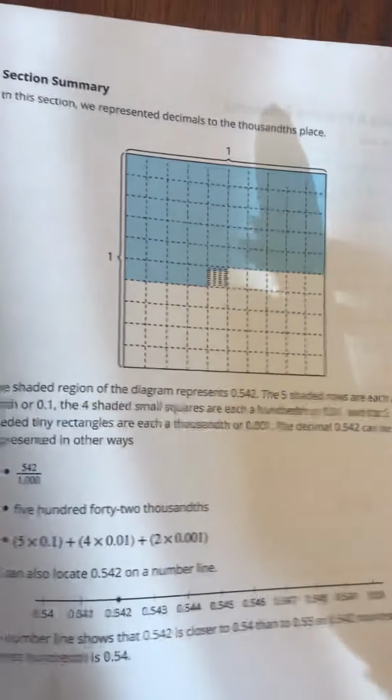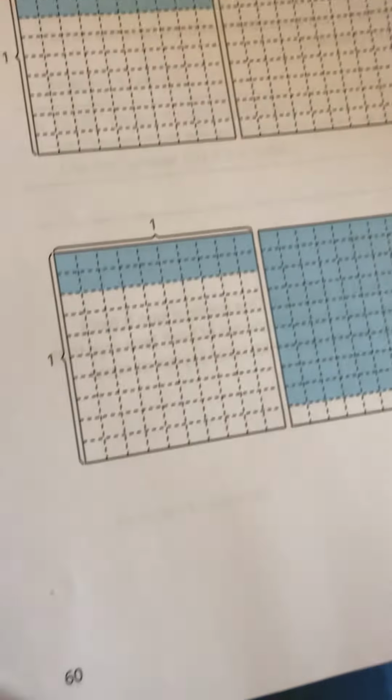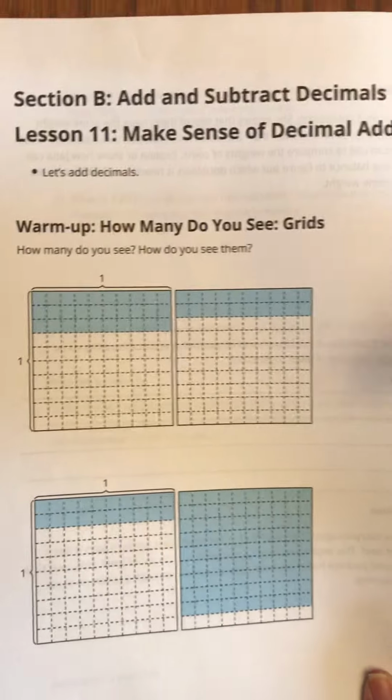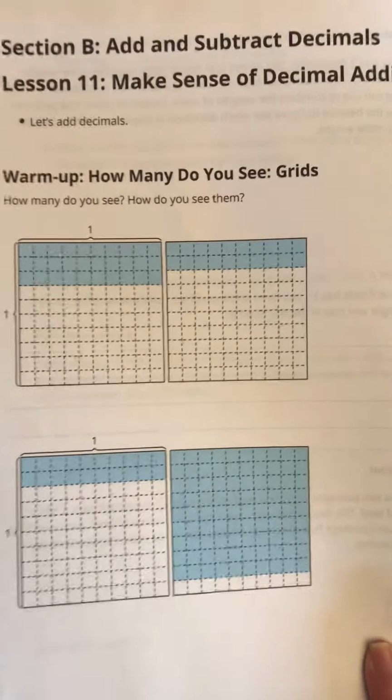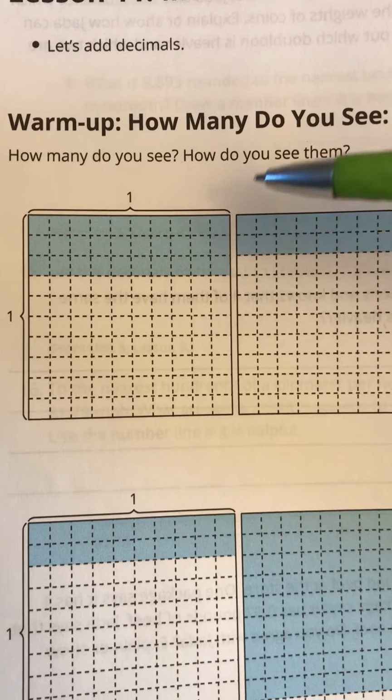So our new thing today is working on adding decimals. And so your workbook pages for today are 60 through 62. And so you're going to just add these decimals, and that's what this picture is asking: how many do you see? So remember, these are in groups of 10, so that would be 10, 20, 30.